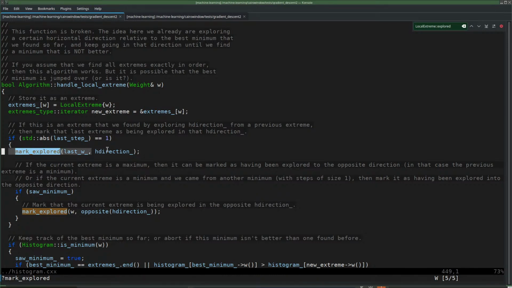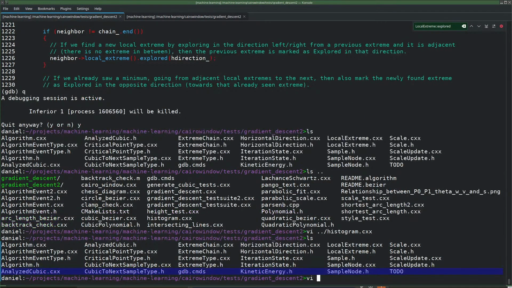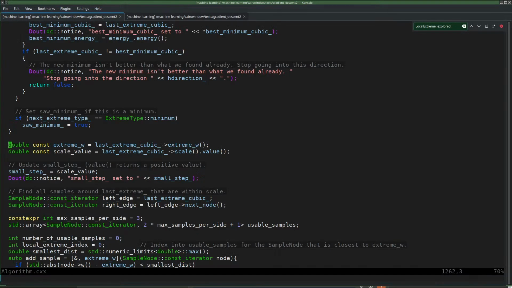So we mark it regardless, and then only if we saw a minimum, we mark the current one as explored in the opposite direction. Try to remember that. We mark the neighbor regardless and the current one in the opposite direction if we saw a minimum. That should correspond to what I'm doing here.